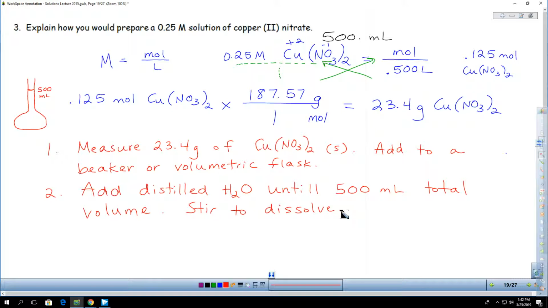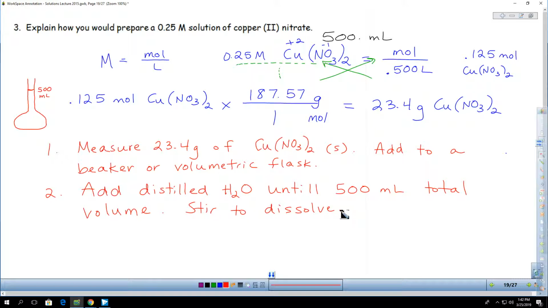Here's why. That 23.4 grams of copper nitrate, even when it hits the water and starts to dissociate and dissolve, those copper ions and nitrate ions will take up a little bit of space. And I want the final volume to be 500 milliliters with the solid plus the water.